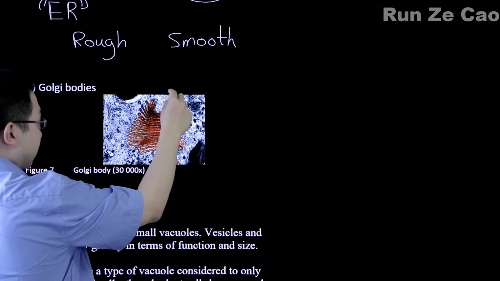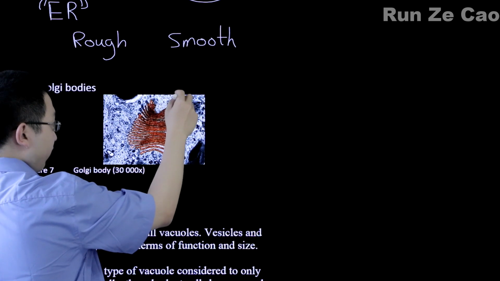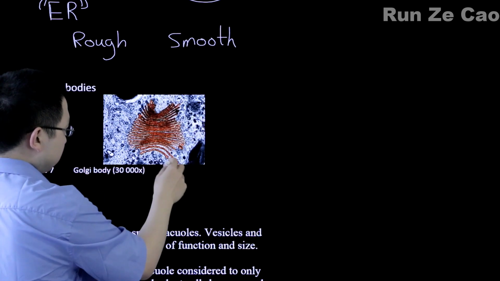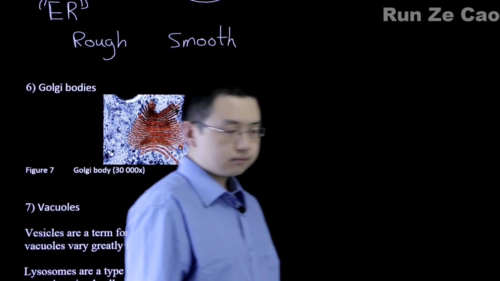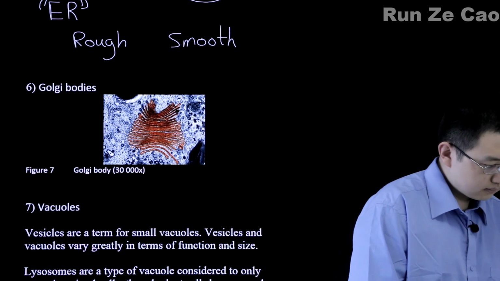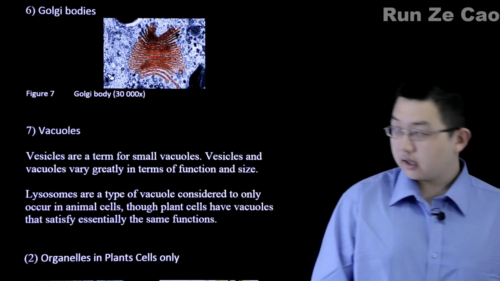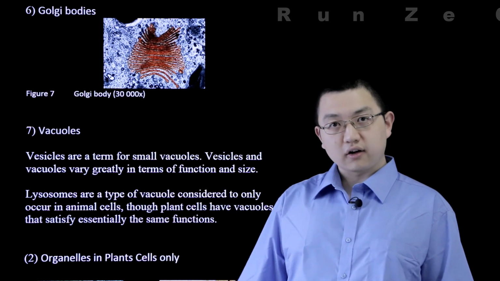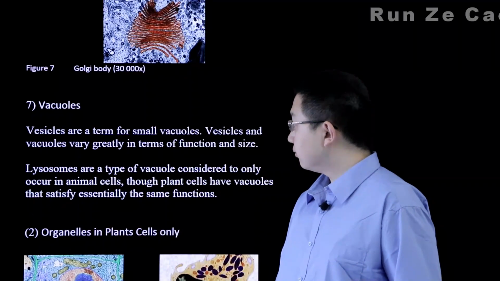So what happens to the vesicles is that they come in one end, they attach, they eventually bud off again, they go to the next one, they bud off again, and so on, until they reach the last one, and then they go off to secretion. This is an electron micrograph, given the 30,000 times magnification. And this is false color to make the Golgi more visible.